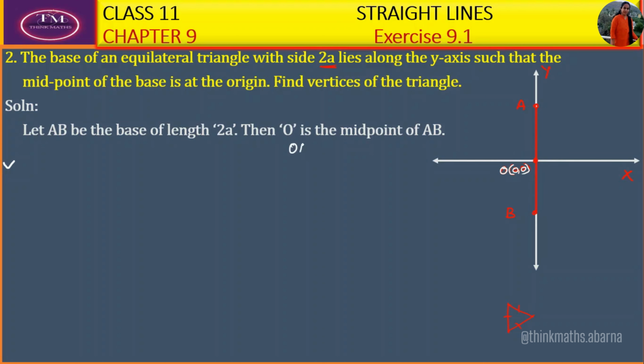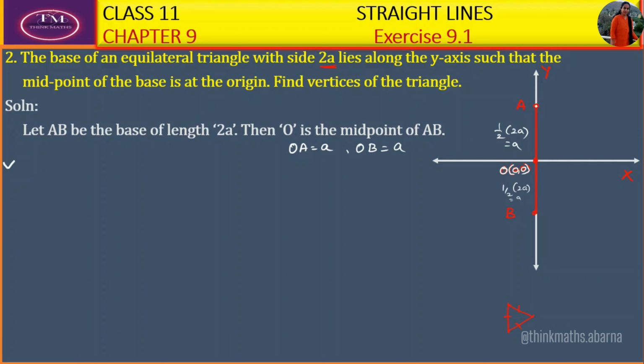So OA will be of length a and OB will also be of length a, because AB is the length 2a. As O is the midpoint, OA will be half of 2a, which is a, and OB will also be half of 2a, which is a.